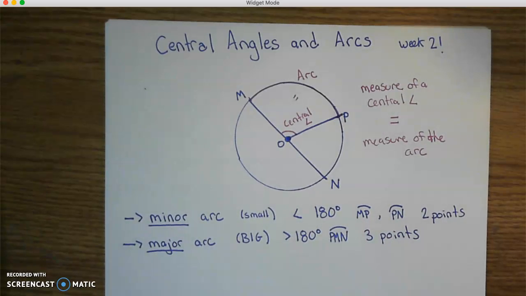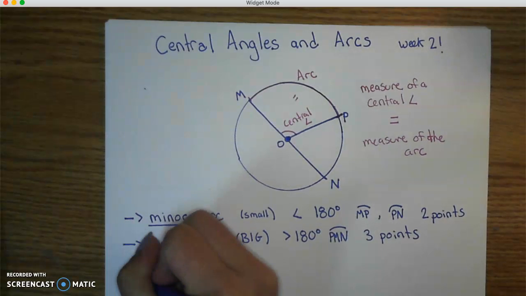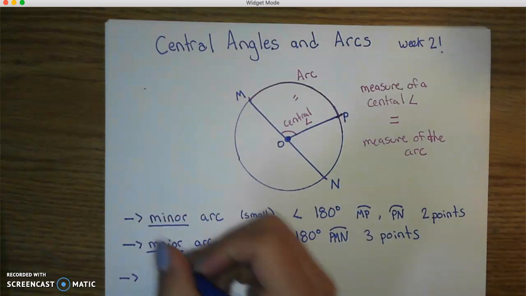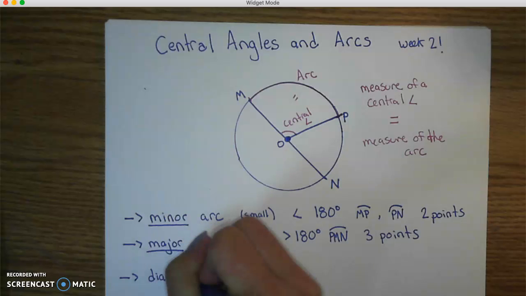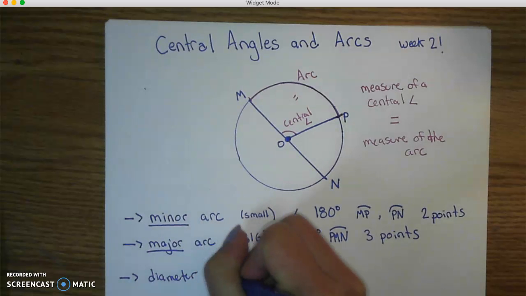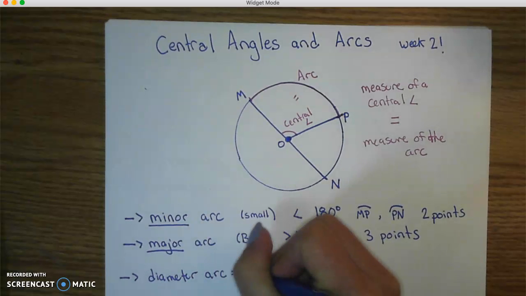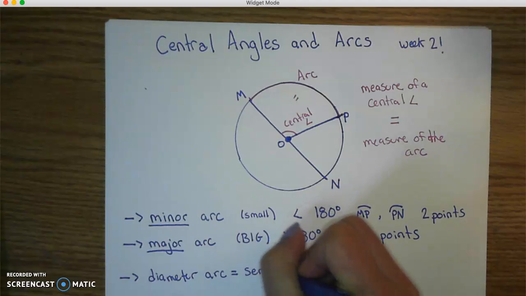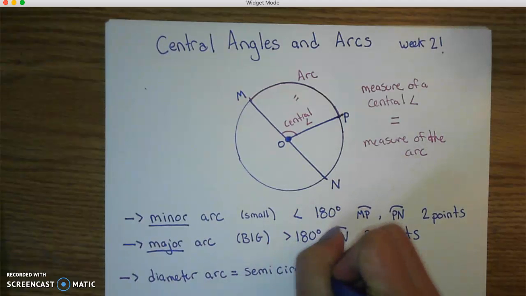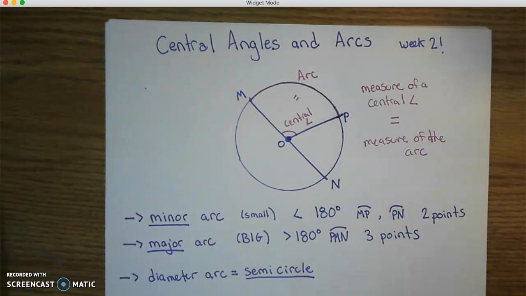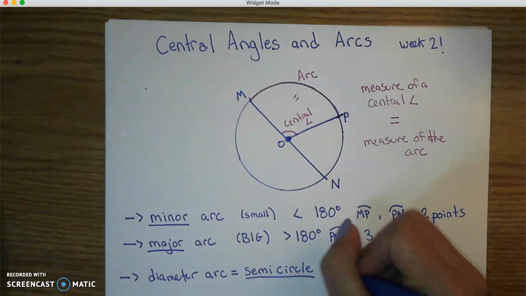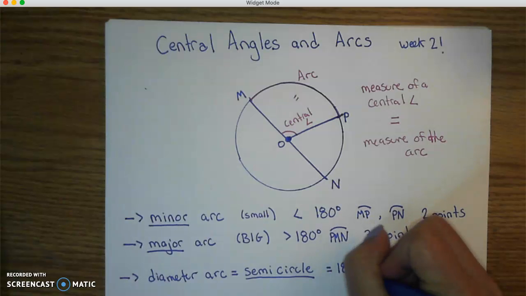The last type of arc that's really important in solving these problems is the arc that's made with a diameter. A diameter arc, which might be a new word for us, is called a semicircle. Can we say that? Semicircle. And a semicircle means that it equals 180 degrees.